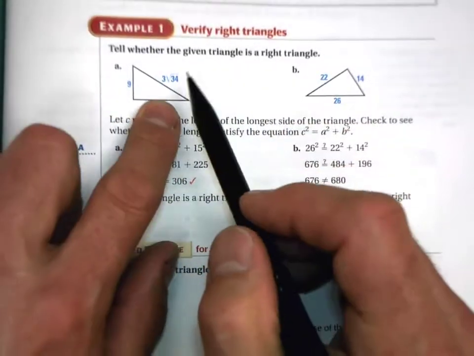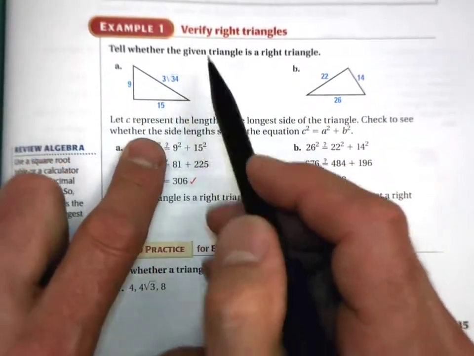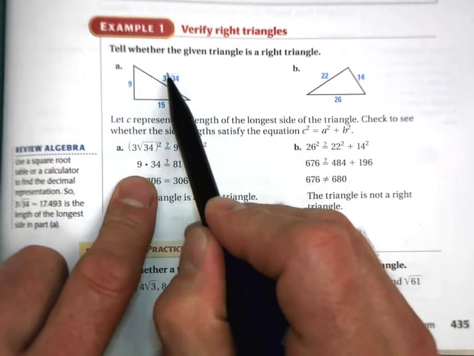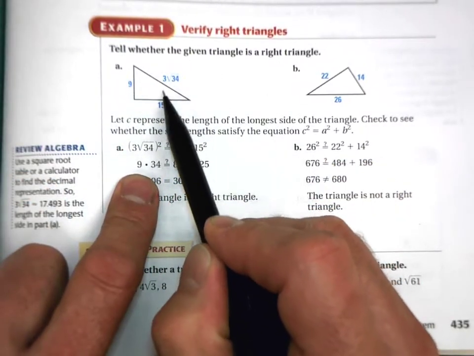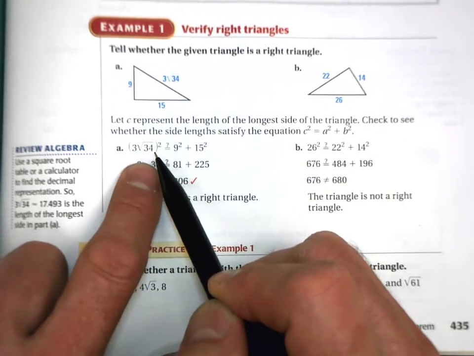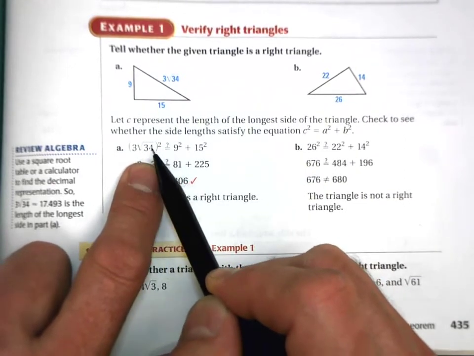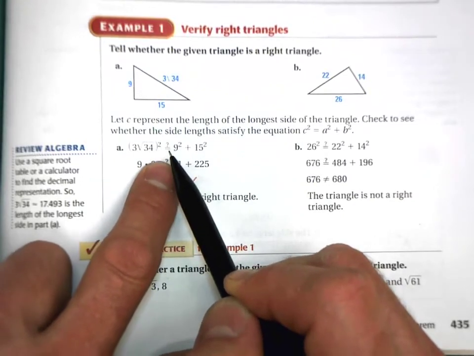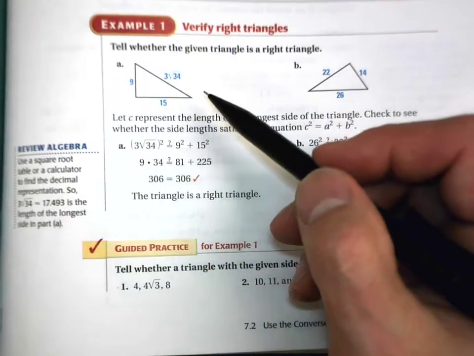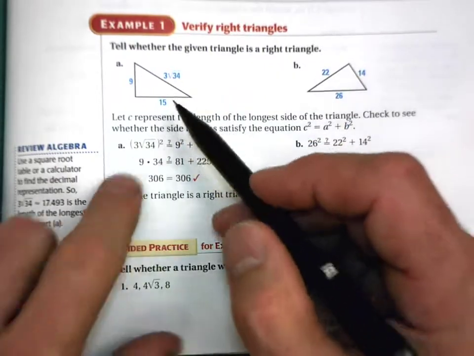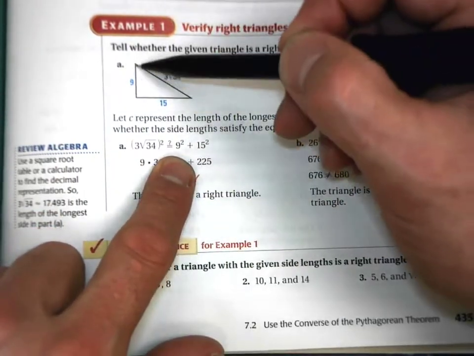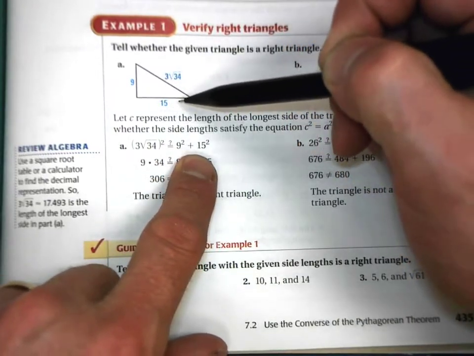But in this case, we know this is the longest side, and so if this was the hypotenuse, then this would be the C. So we plug that in for C here, and C squared, and we're asking the question, is it equal to? So that's an equal sign with a question mark on top of it. We're not sure whether or not it really is equal to A squared plus B squared.